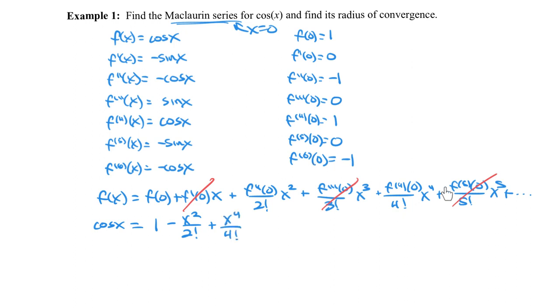And then we got f to the 6th. I ran out of room here, but you can see I would have had f, the 6th derivative at 0 over 6 factorial times x to the 6th. So if I just fill that one in, I get minus x to the 6th over 6 factorial, and then plus dot, dot, dot.